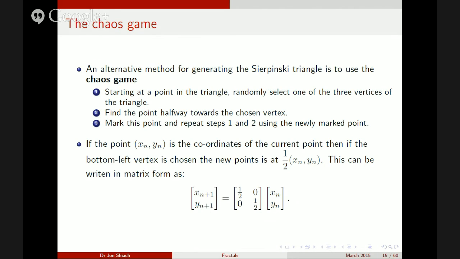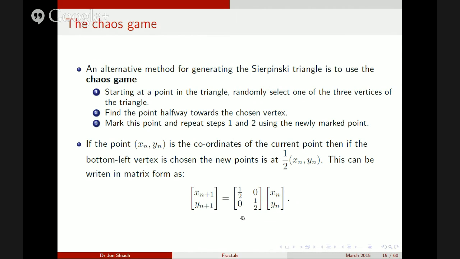Then you do the same thing again. You choose randomly one of the vertices, go halfway to that, mark it, and then choose again. So if you have a point at coordinates x_n, y_n, the current point, and you've chosen to go towards the bottom left corner, the new point is at a half of your current coordinates.